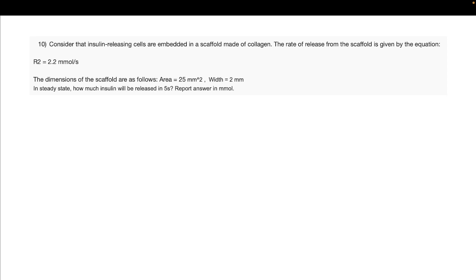For 1 second, it reduces 2.2 millimole, madam. Yes. So we are into 5, so we will get 11 millimoles, madam.